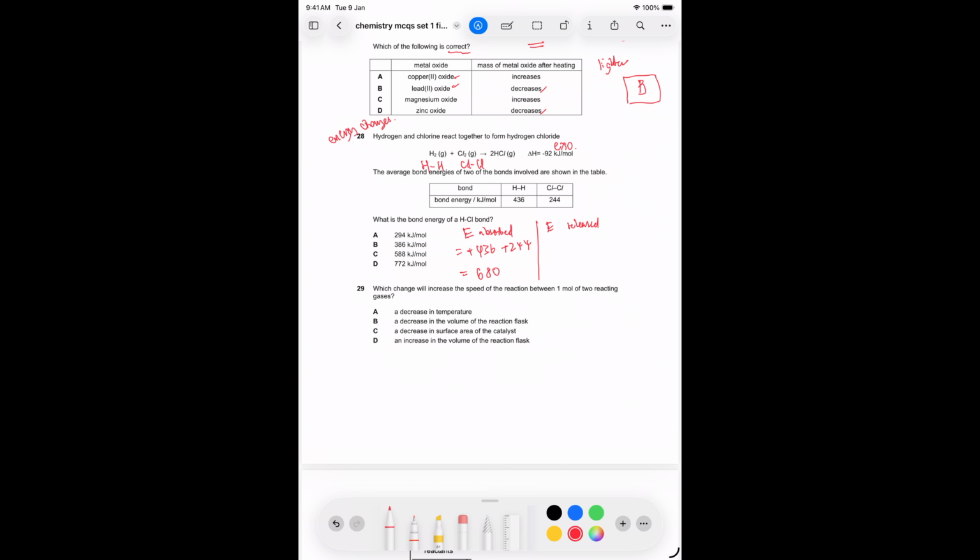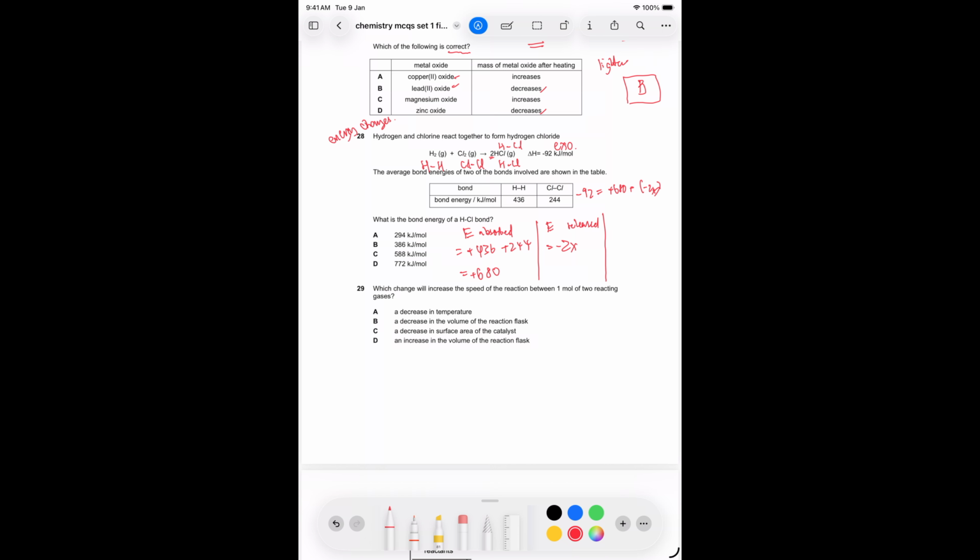When you form the bonds, you will release the energy. So you'll form HCl, take note there's two of it. We are looking for HCl, so you can let it be 2x. Enthalpy change is minus 92 equals plus 680 plus negative 2x.